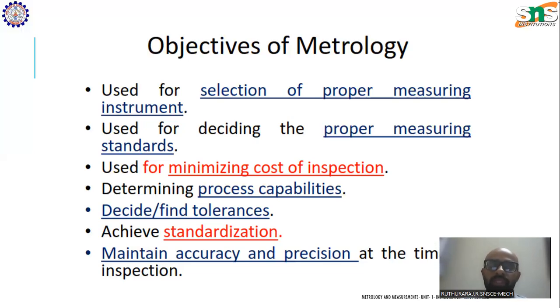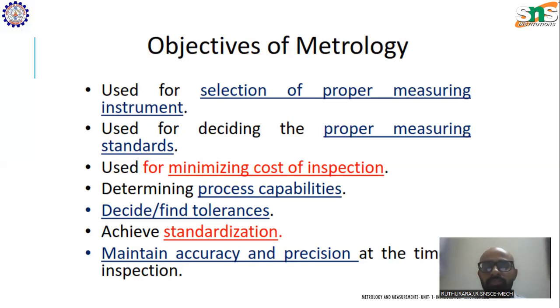If it is a dusty room or a very hot room, then the readings of the vernier caliper might not be accurate. You have to have certain standards. A vernier caliper can be used in a closed room with proper air conditioning. 18 degrees Celsius is the accepted standard in which the readings will be most accurate. Like that, proper standards have to be set.